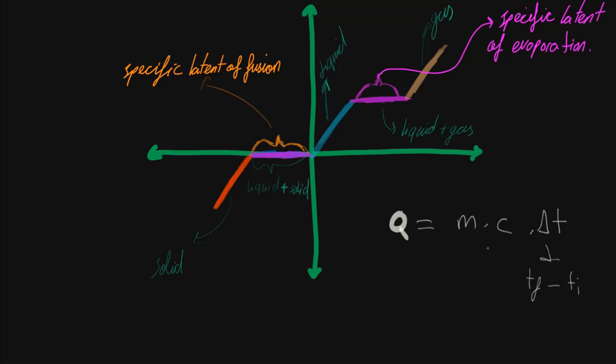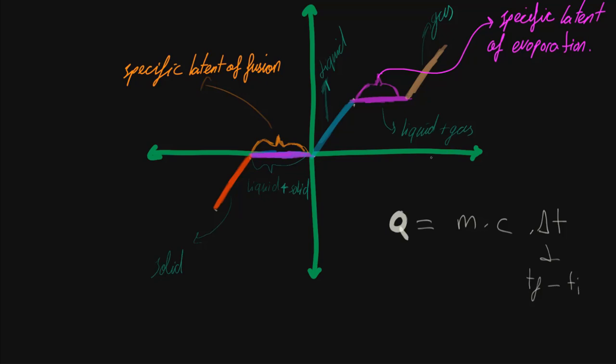We use this formula in the solid state, liquid state, and the gas state. But there are some parts that matter, between liquid and solid, and also liquid and gas.